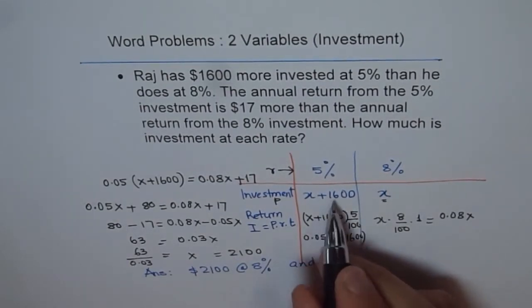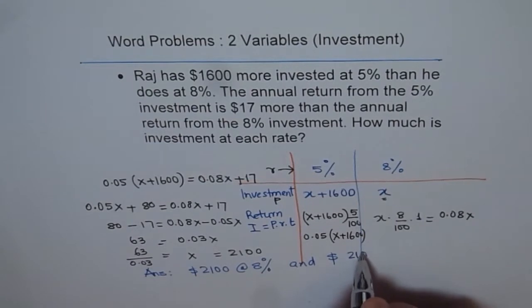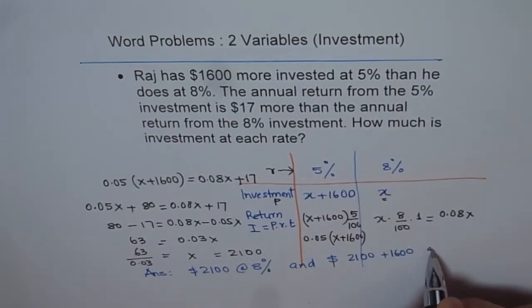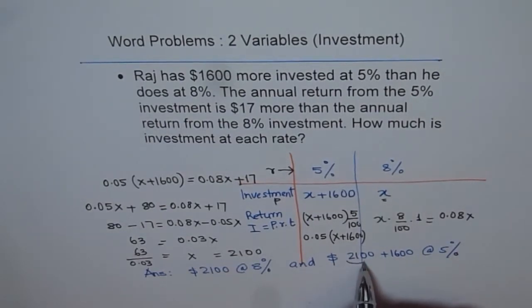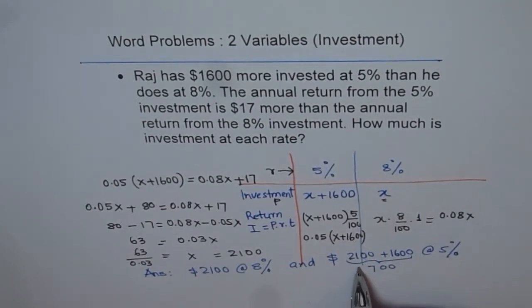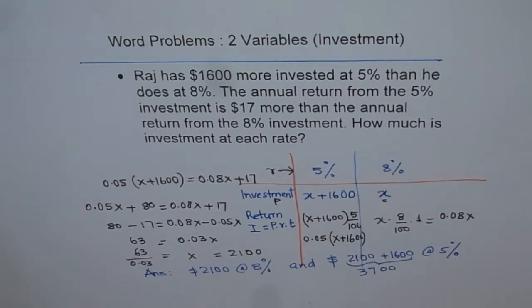So we'll write 2100 plus 1600 at 5%. And how much is that? Let's add it up. So that is 6 plus 1, 7, and 2 plus 1, 3700, right? So $3700 is invested at 5% and $2100 is invested at 8%.